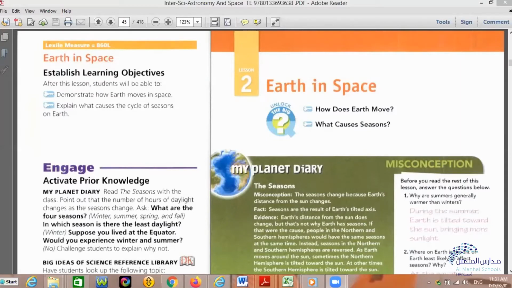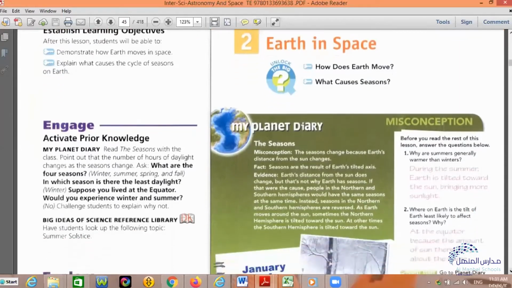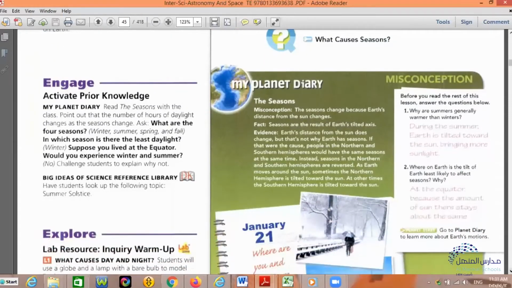First, how does Earth move? Earth moves in two ways: around its axis, or around itself, once every 24 hours, which gives us a day. At the same time, Earth revolves around the Sun, or orbits the Sun, once every 365 and a quarter days, or 1 year.